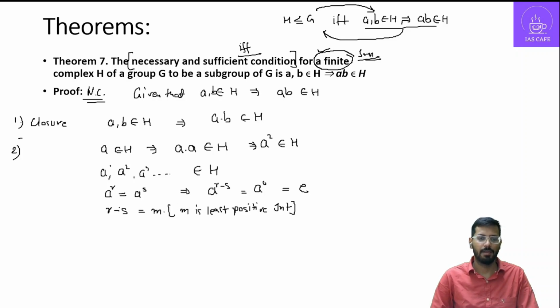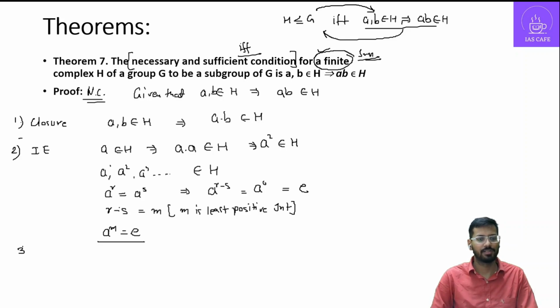So if n is the least positive integer such that a raised to power n is e, then this n is the order of that element a. Okay, that is the definition of order of an element. So the identity element also lies in this set. So the second property, the identity element, is also satisfied.